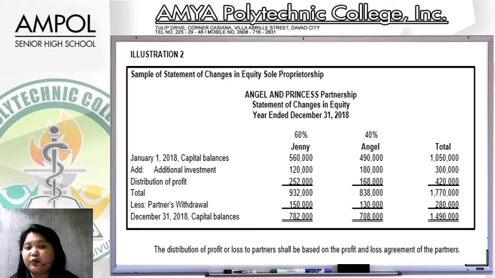On the right side of the screen we can see the total, the additional investment, the distribution of profit, the total, less partners' withdrawal, and the December 31, 2018 capital balance. The distribution of profit or loss to partners shall be based on the profit and loss agreement agreed by the two investors or partners.